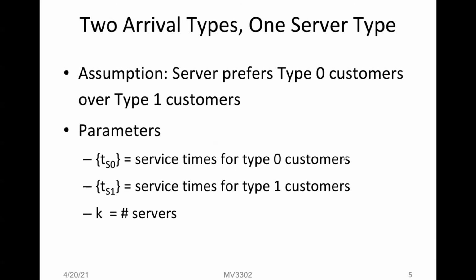Okay, so now I want to talk about this next model. And there we have two arrival types, meaning we have two types of customers and only one type of server. So what might this be?